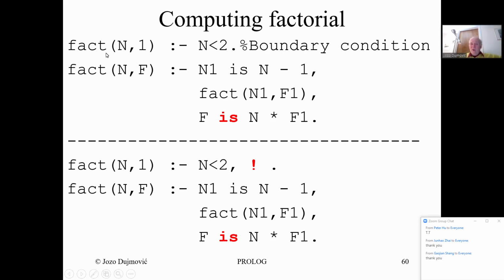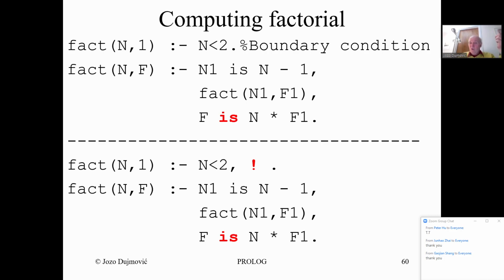If I have factorial of 5, it is 1 times 2 times 3 times 4 times 5 equals 120. Okay, now, is there any other solution? No. Factorial of 5 is only 120, and if I ask, give me more solutions, there is nothing more that I can get. So it is reasonable to put here cut and prevent the search mechanism from continuing.